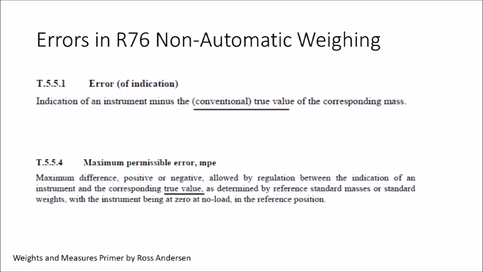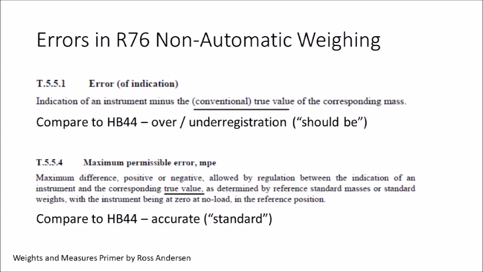If we now move to R76 and look at the errors and the definition of accurate, we see that errors are the indication of the instrument minus the conventional true value of the corresponding mass. And the maximum permissible error is the maximum difference, the maximum error of indication, but it's relative to the corresponding true value.